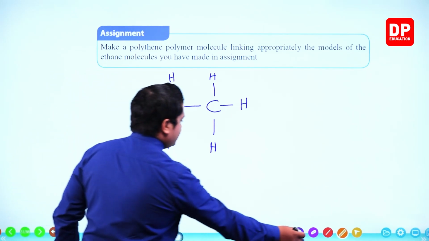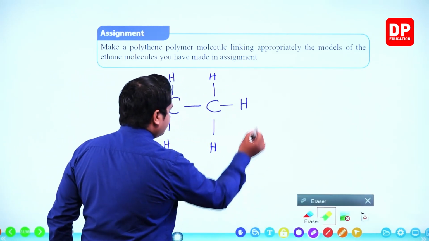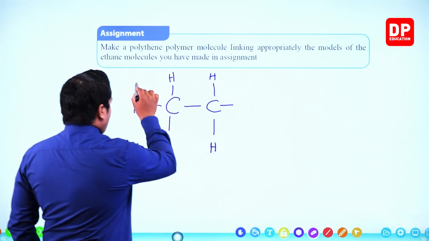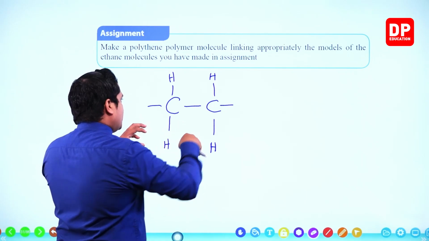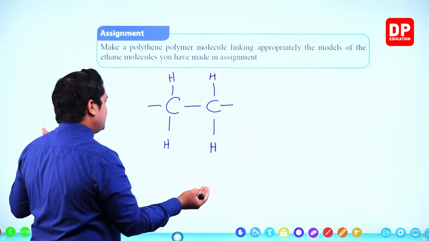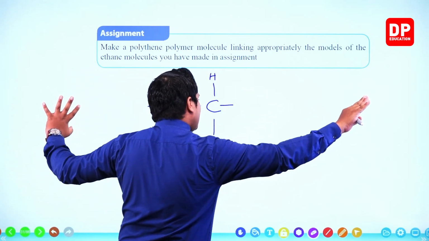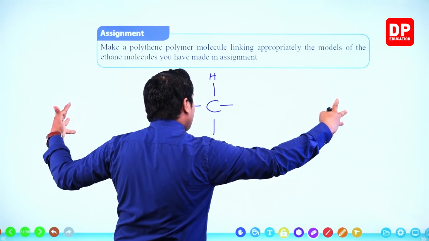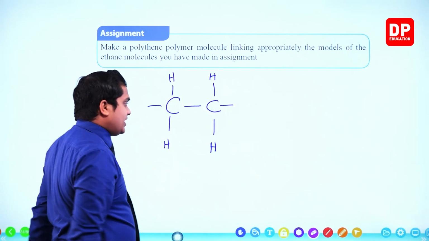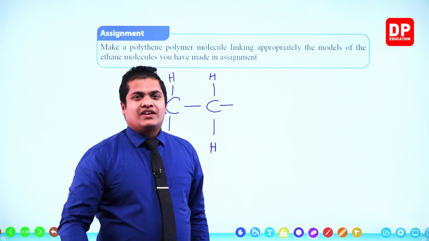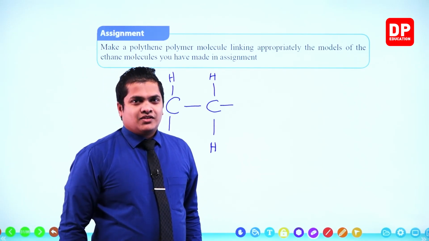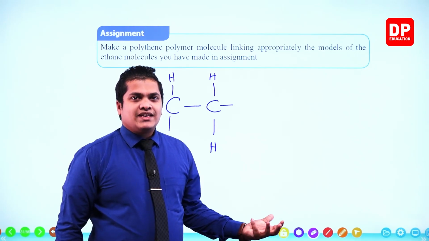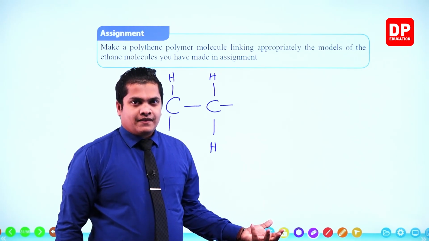If you displace this hydrogen, and if you can bond this kind of structure to here and there, and when you join n number, a large number, of these kinds of molecules together, simply we can create polythene, right? It's very simple. This is how the polythene molecule gets created.